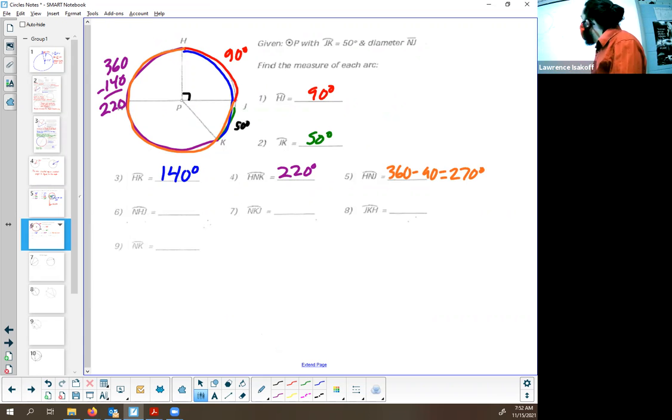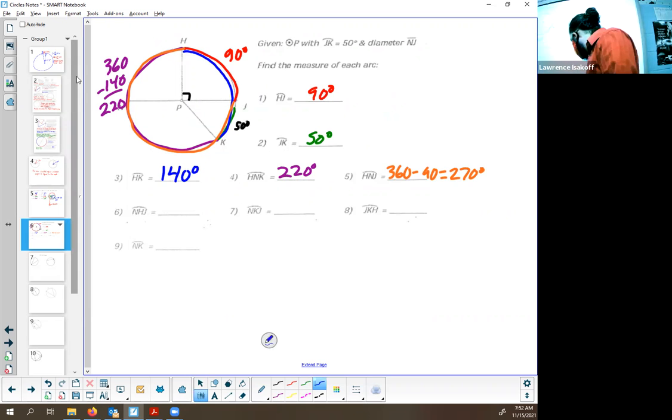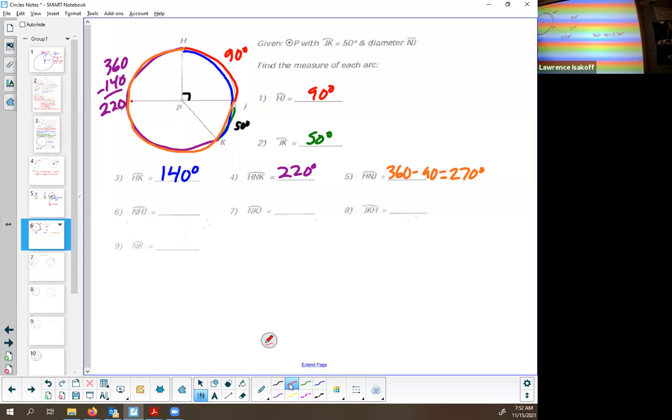Good amount there. Let's see here. Now we're looking for, let me change the color, we'll go with red this time. It's over here, HJ.